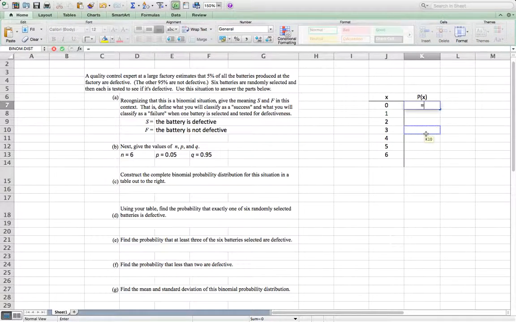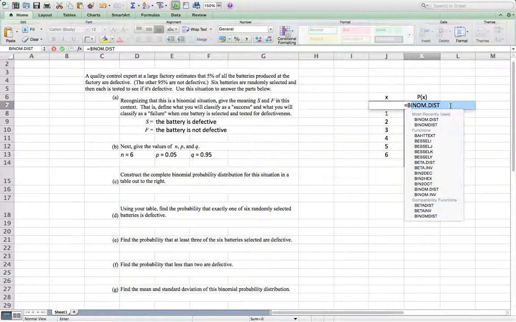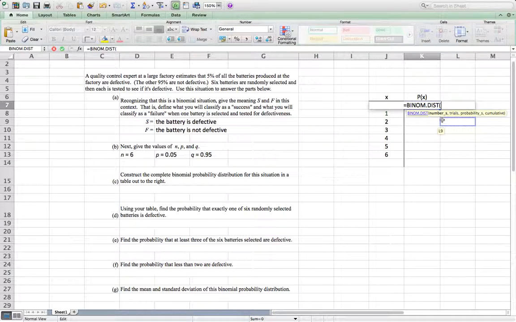This is BINOM.DIST. If you type this, the first argument is the number of successes. So your number of successes is in J7. Then the second argument is the number of trials. We have 6 trials. Then the probability of success, which is 0.05.